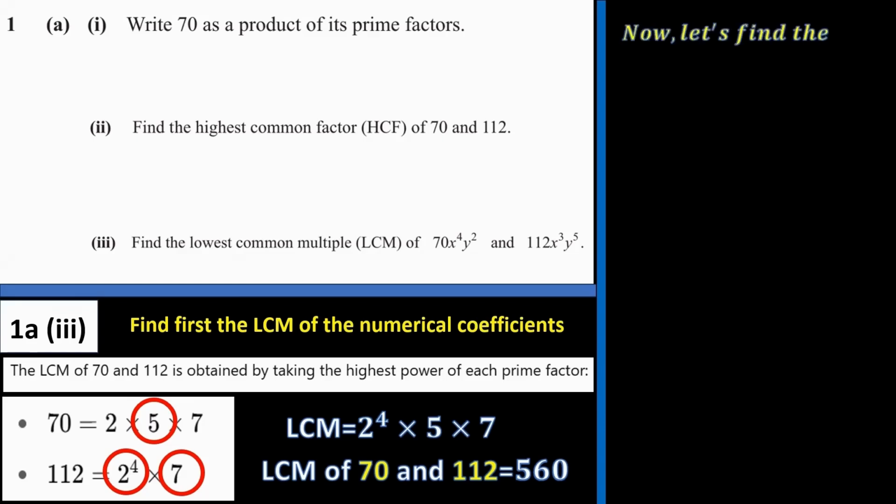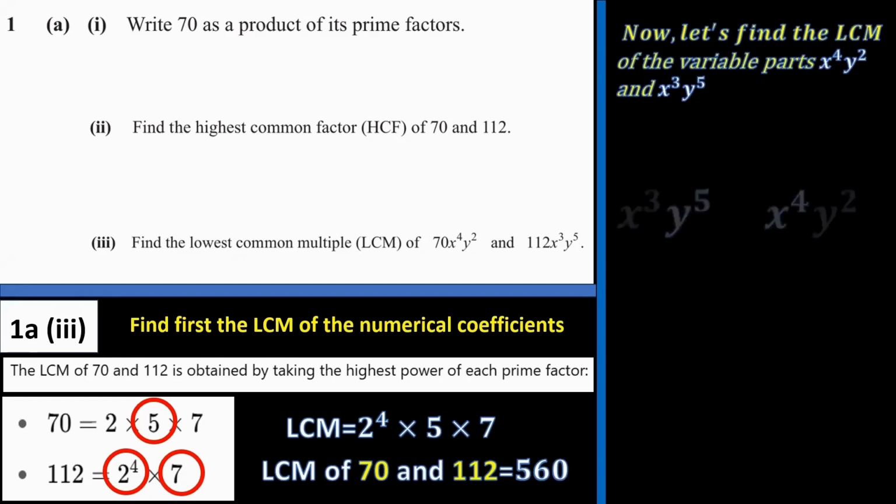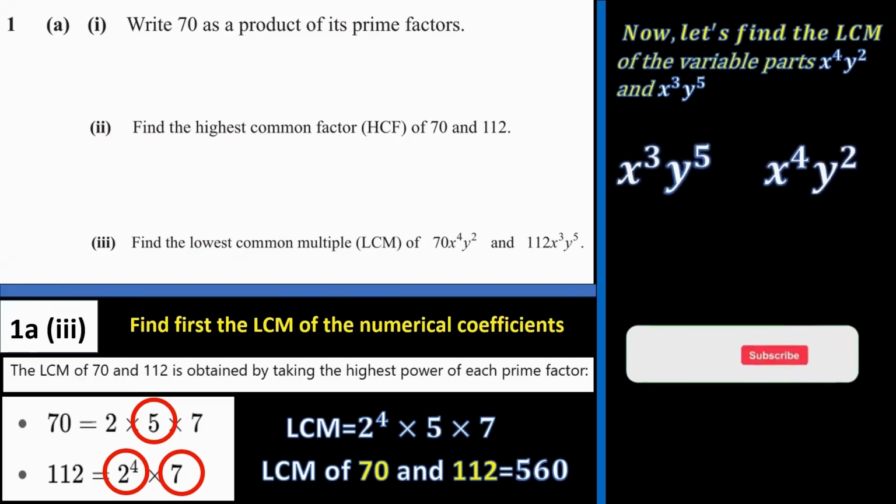Now let's find the LCM of the variable part, which are s to power 4 y to power 2 and s to power 3 y to power 5. How do we do that? We bring out this variable part, and we do the same thing, comparing the variable part with the highest index.